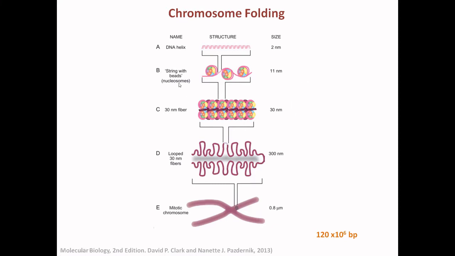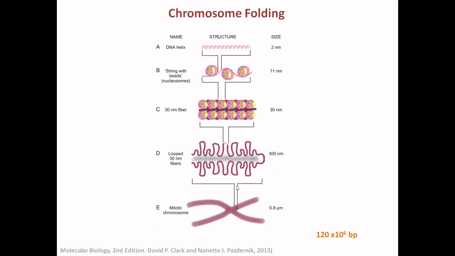Then this string of beads further organizes itself to form a helix that is 30 nanometer in diameter, as we have discussed. It then organizes itself as loops radiating from a central scaffold of protein, and the diameter of this structure is 300 nanometer.